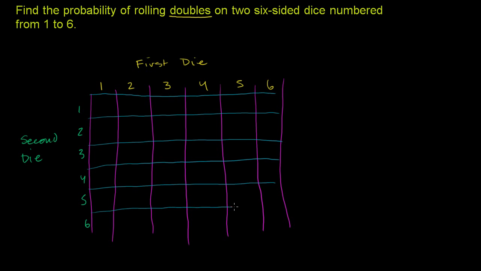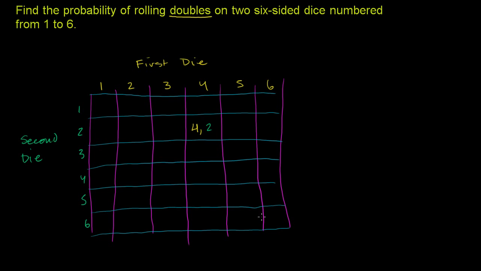Just to get an understanding of what I mean by it represents an outcome, this cell right here would represent getting a 4 on your first die and a 2 on your second die. That's the outcome it represents. It's one of the potential outcomes.